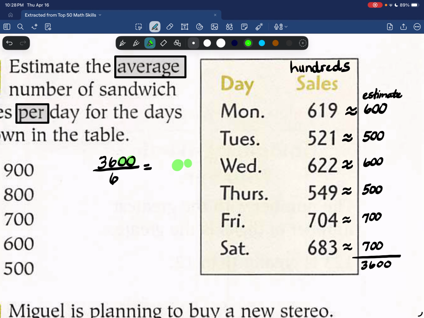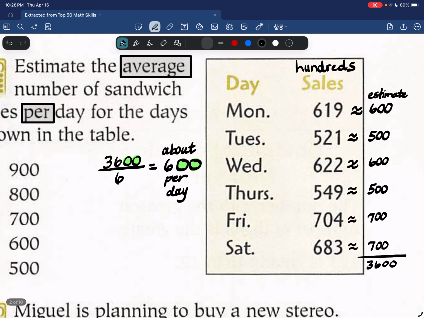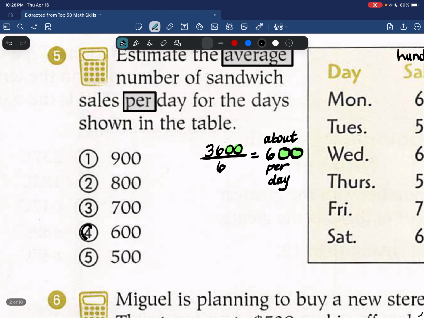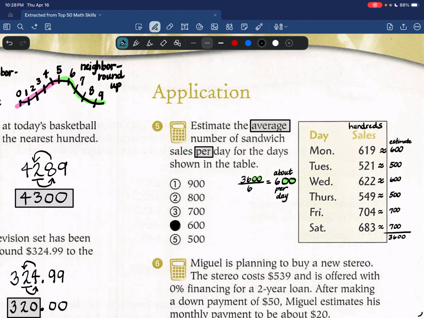So I'll bring the 2 over, and then I will say 6 into 36 is 6 times. So my average was about, and that's important, it wasn't exactly, it was about 600 sandwiches per day. So I am liking answer number 4 here. Again, this is applying the concept and the procedure into a more complex problem.